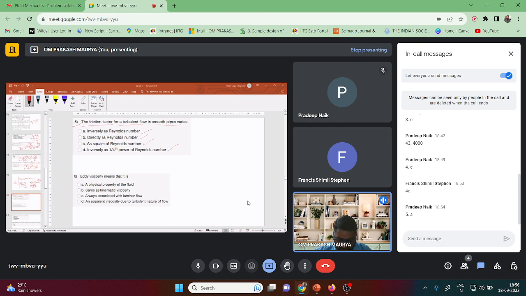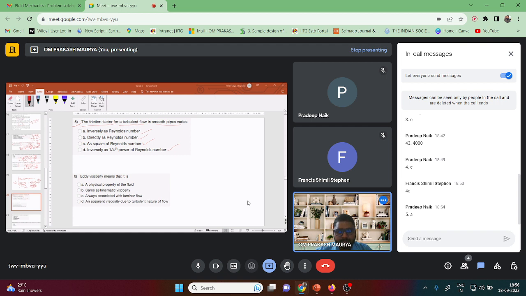No, no. It is not actually smooth as written, but some friction was there. That is why the question is like that: the friction factor for the turbulent flow in a smooth pipe.